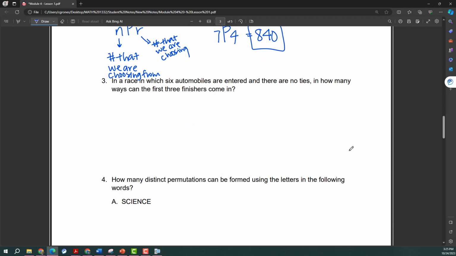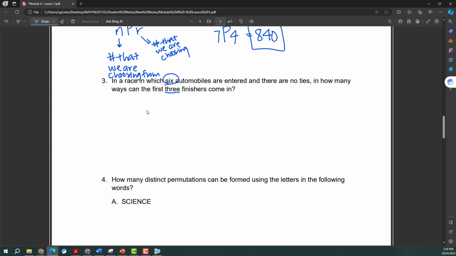All right, the next one, it says, in a race in which 6 automobiles are entered and there are no ties, how many ways can the first 3 finishers come in? So a race is always going to be a permutation because the order matters for those racers, whoever it is.